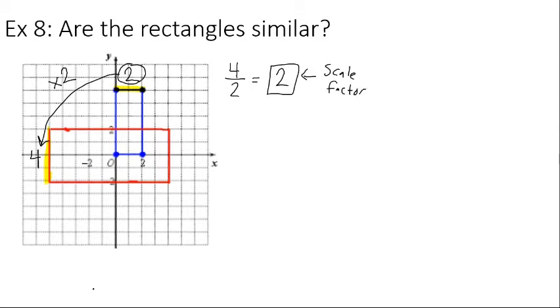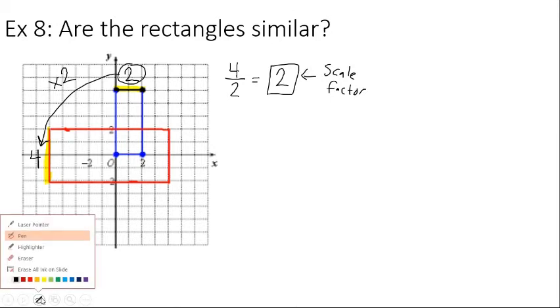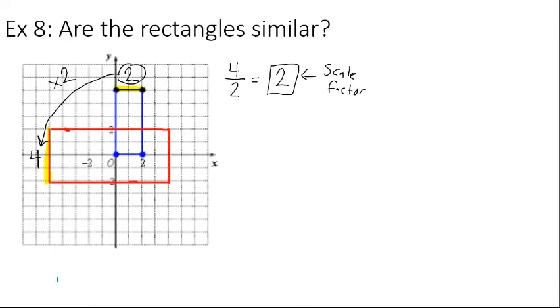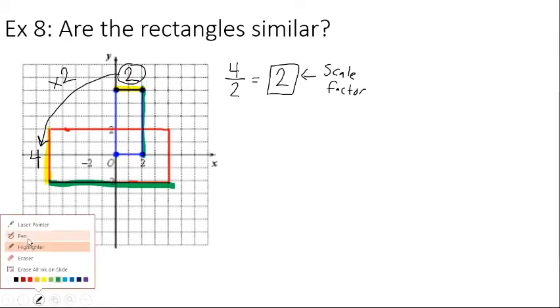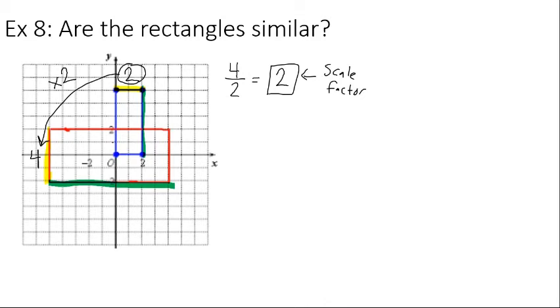Now I compare the other two sides. So I compare this side with this side right here. So if I check those values, this side gives me 1, 2, 3, 4, 5, 6, 7, 8, 9. This is a 9. And this side over here is 1, 2, 3, 4, 5. This is 5.